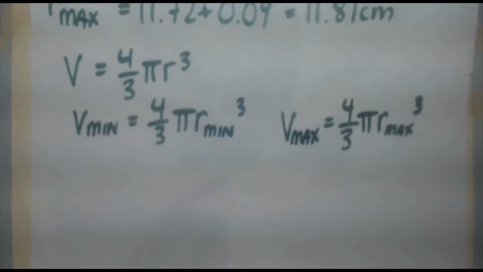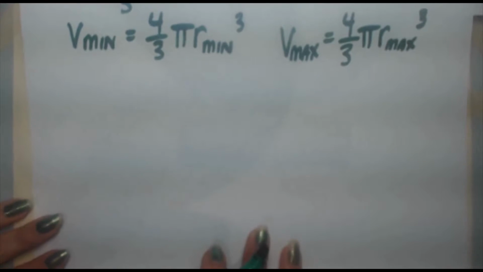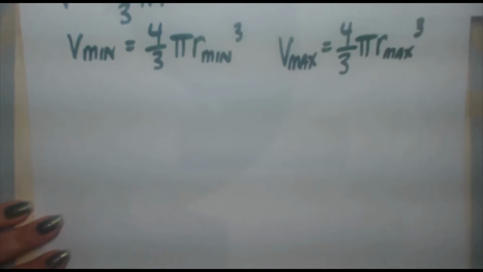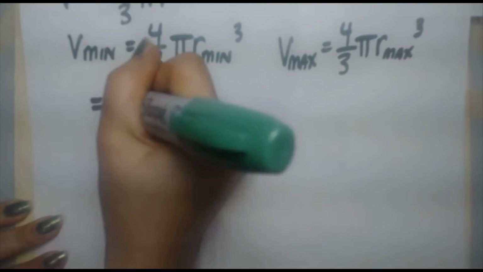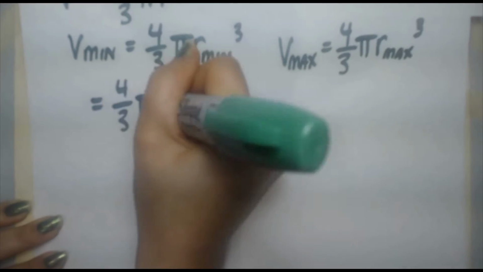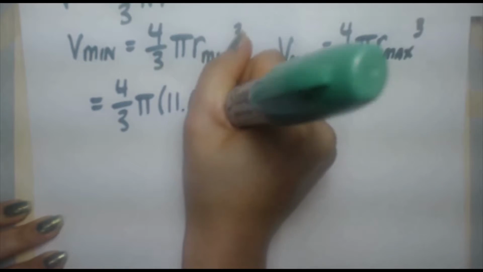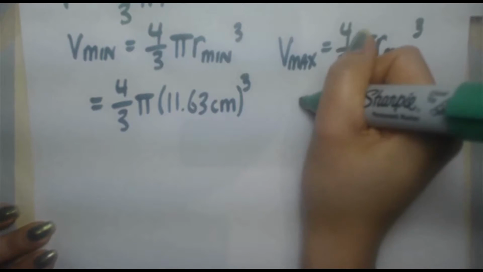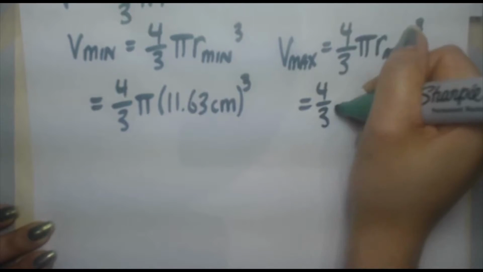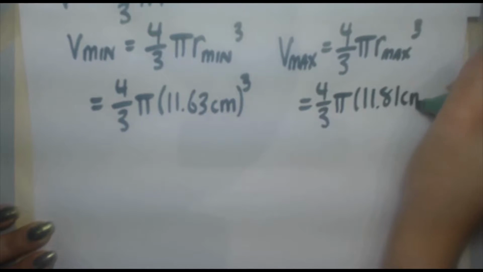So let's move that up a bit. The next step, let's plug in our values. For r min, our minimum value was 11.63 centimeters. Make sure you include those units. And for max, 4/3 pi, 11.81 centimeters, also cubed.